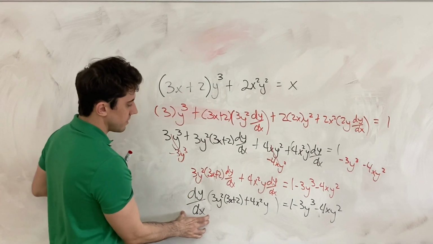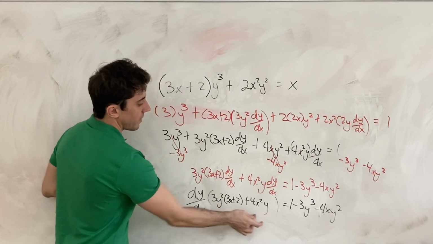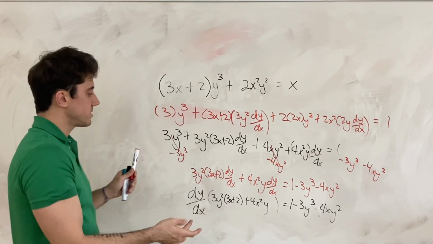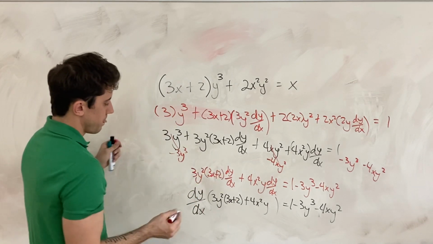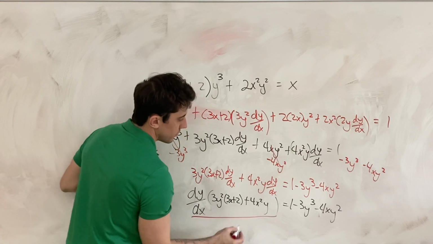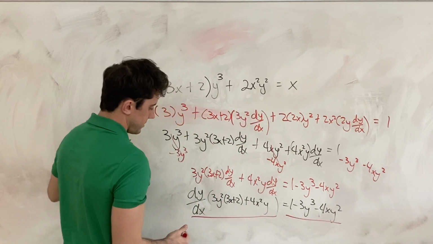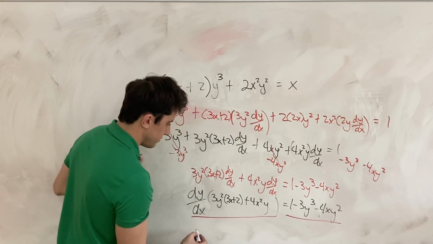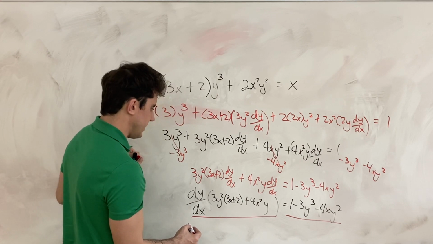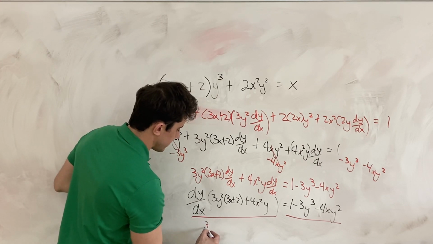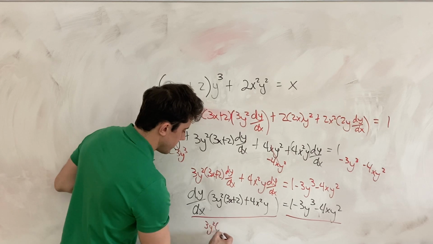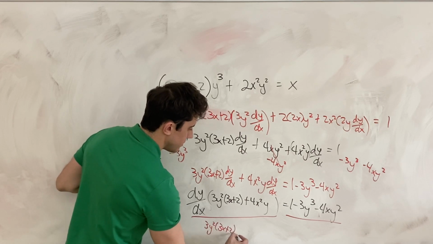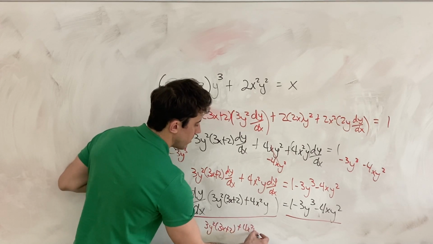To get dy/dx by itself on the left-hand side, we're going to divide through by everything inside these big brackets on both sides, obviously. And so we go ahead and divide both sides by all of this, right? Yeah, that's not going to simplify any. I'll just leave it as 3y squared, bracket 3x plus 2, plus 4x squared y.